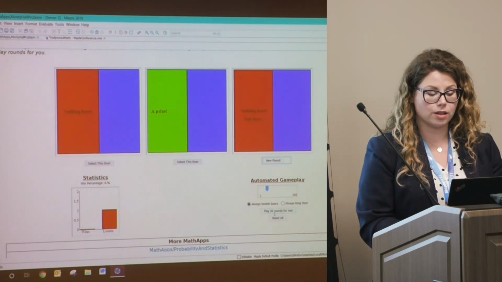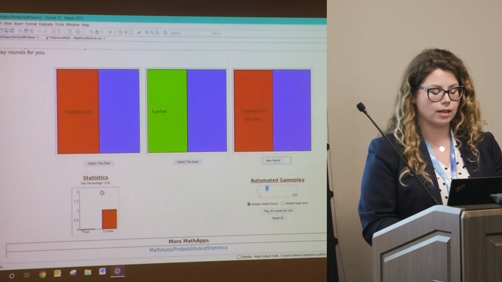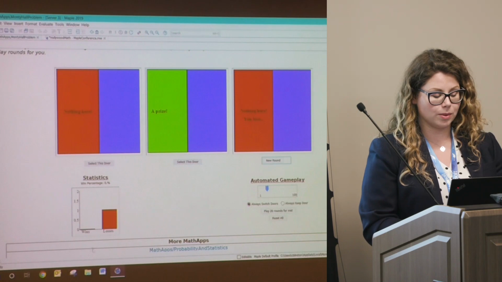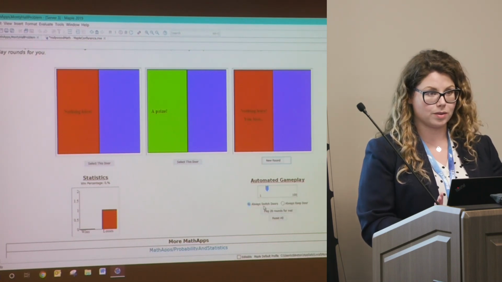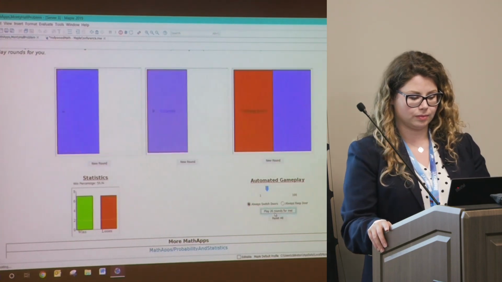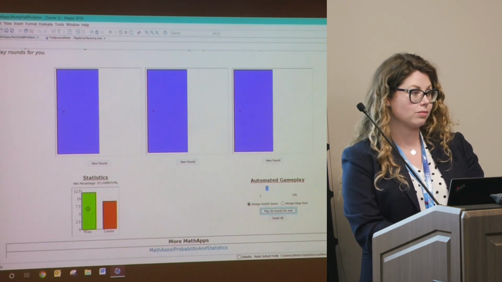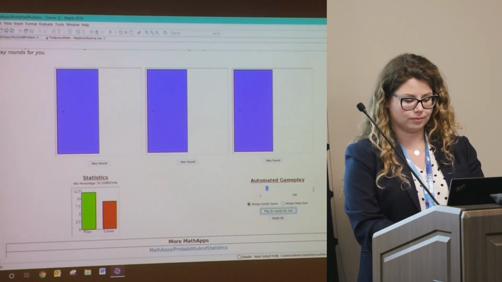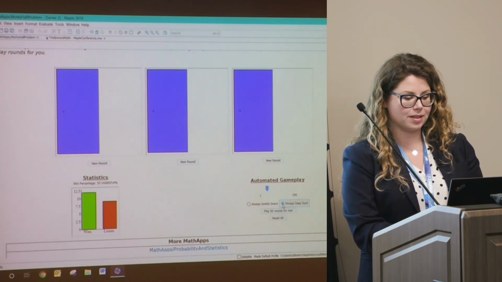So what I'm going to do is an automated run. Right now I have it set to play 20 rounds, and as it's playing, we can see wins versus losses. Right now I have it set to always switch the doors. It's hit 57% wins. So I'm going to keep it at 20 and always keep the door.